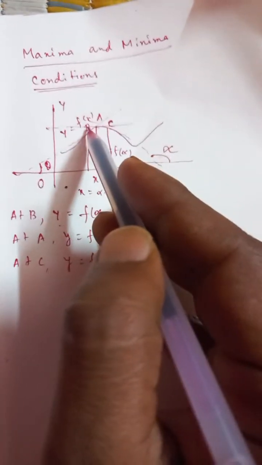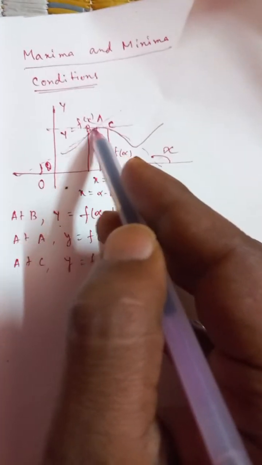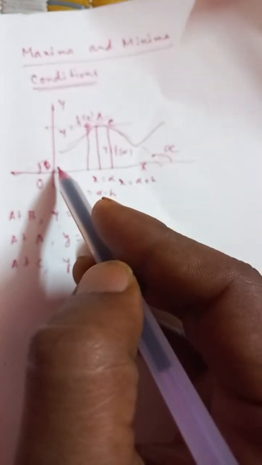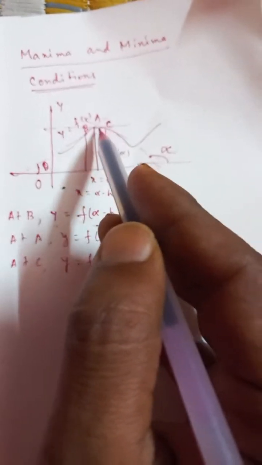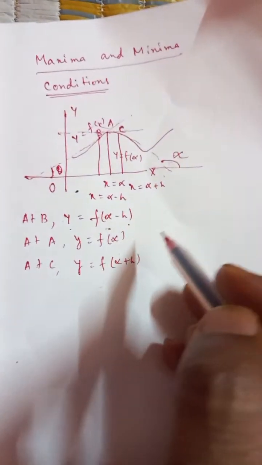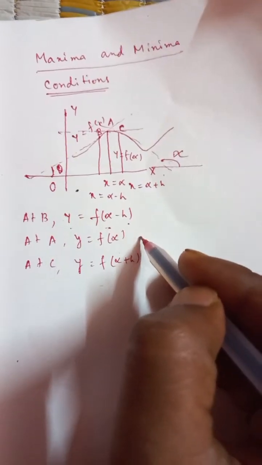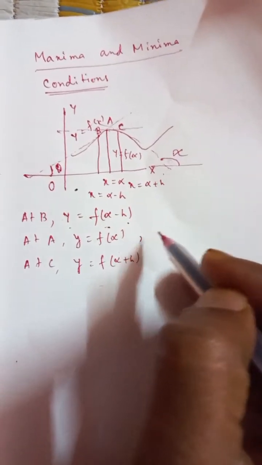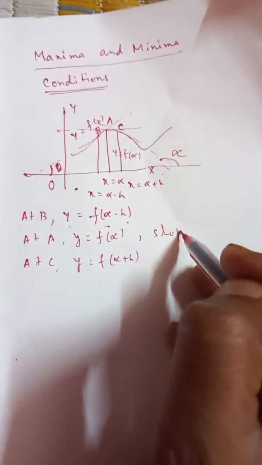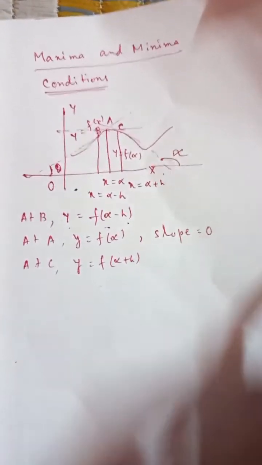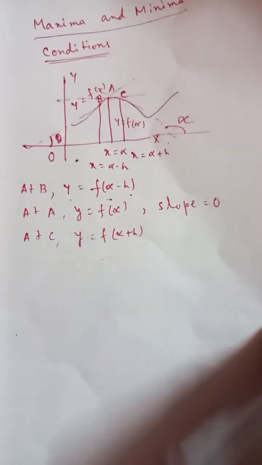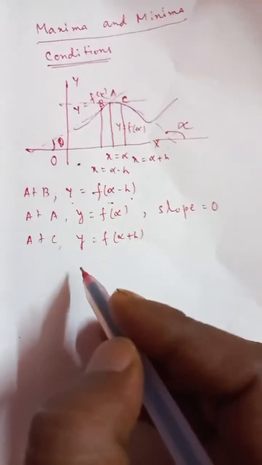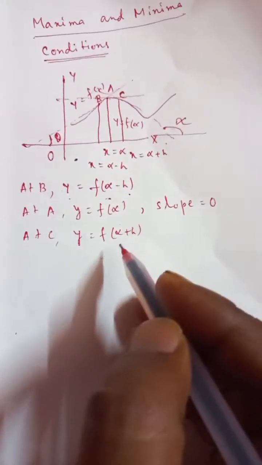So the slope at the point B is 0, since the tangent at the point B is parallel to the x-axis. So here the slope is 0. How can we express this?